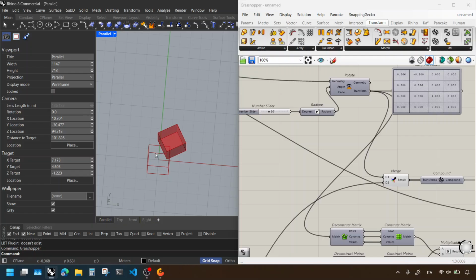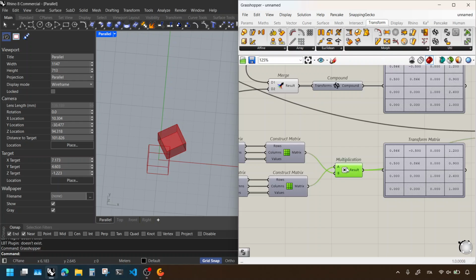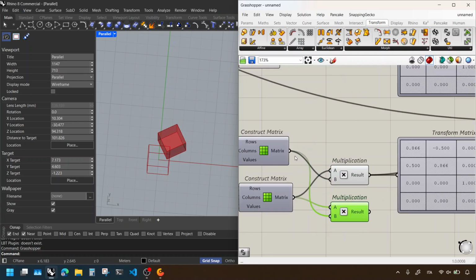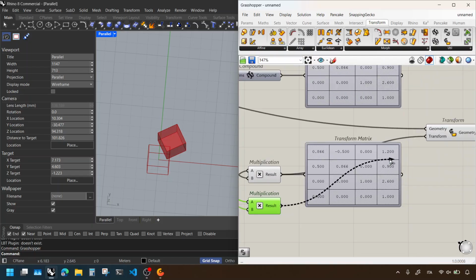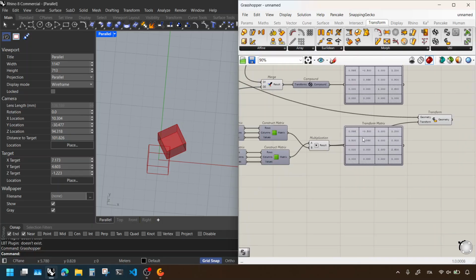So this got rotated and then it got moved around. And remember that the order matters. So if you switch them around, let's do that. Let's take another multiplication, but let's use the opposite order. And then let's drop it in as well. You see you get a different transformation because in this case we moved first and then we did the rotation, which is different.